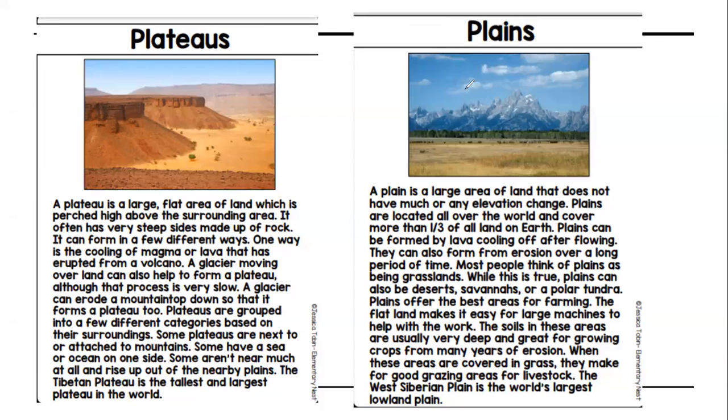Well, a plateau is a flat area of land. A plain is a large area of land that does not have much or any elevation change. So that is a similarity.